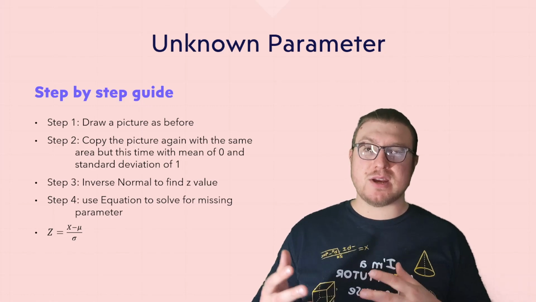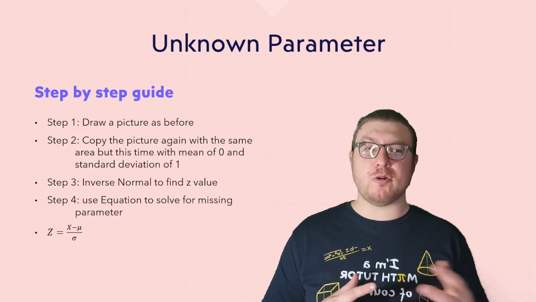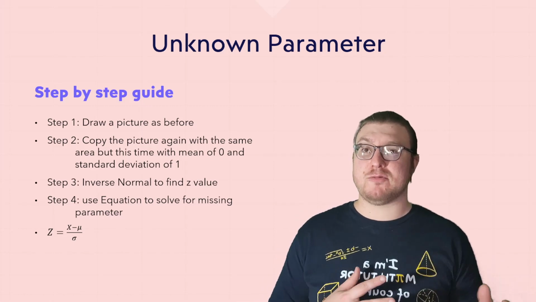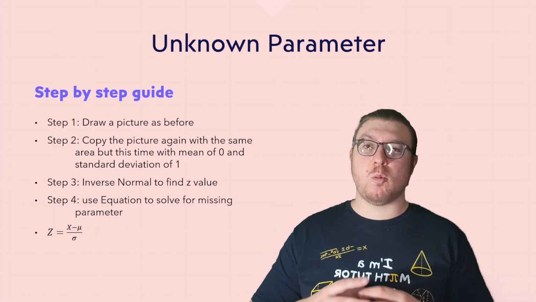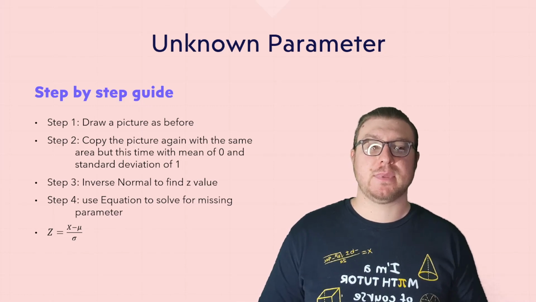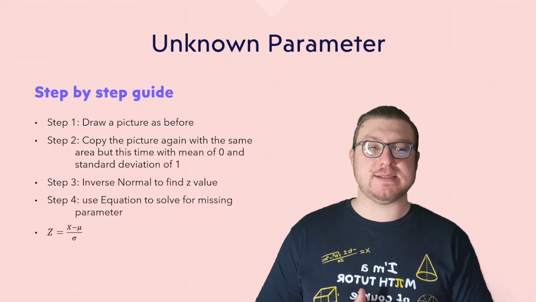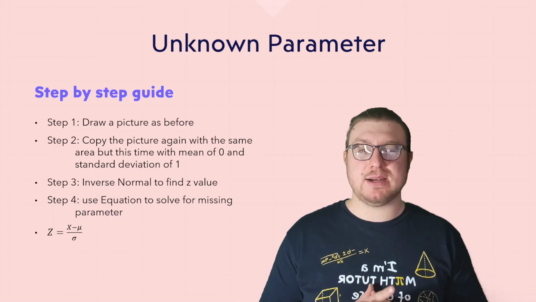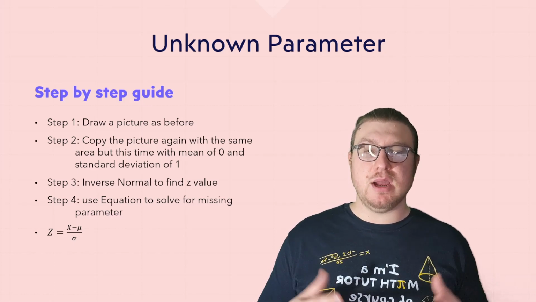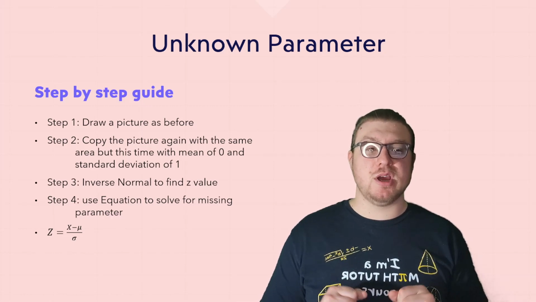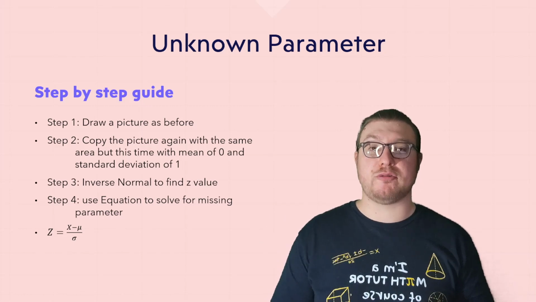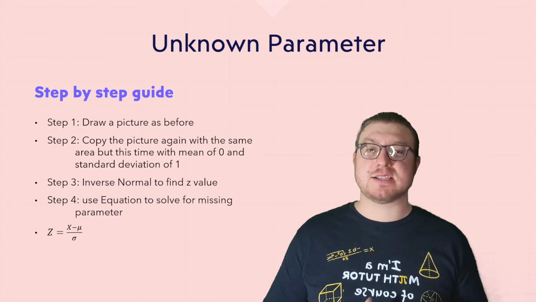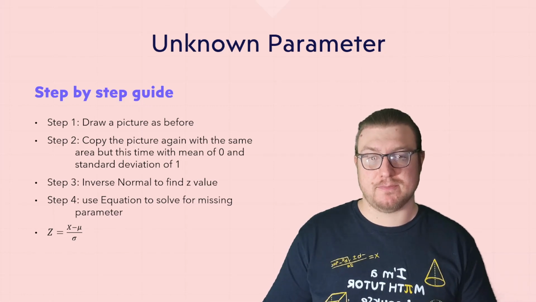The reason we can do that is because we have a formula on how these are related, and we're standardizing our information. Our third step is the inverse normal, just like we calculated just now, to find a z value. And step 4 is the equation to solve for a missing parameter, which is actually given to you in your formula sheet. Z is x minus mu over standard deviation.